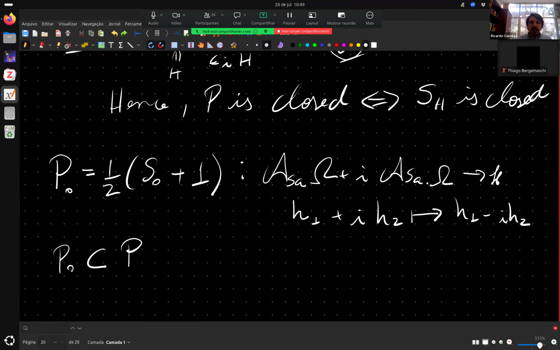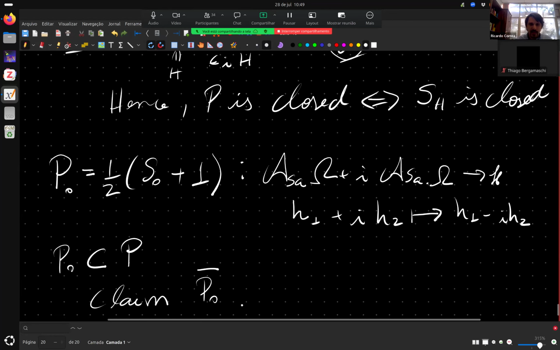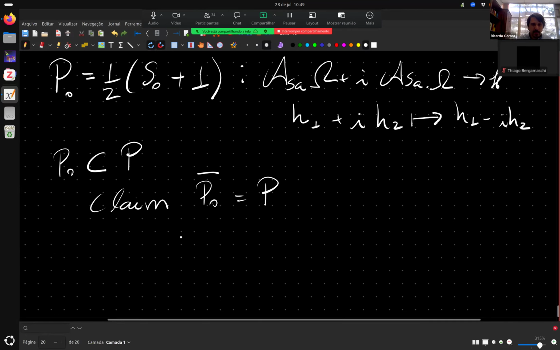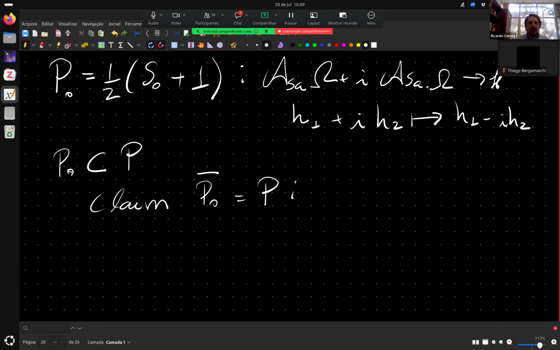But my claim is that P0 bar is equal to P. So if you take the closure, it gives you the same. And how do I prove that? There are many ways of doing that, but basically it has to do with what the closure does.